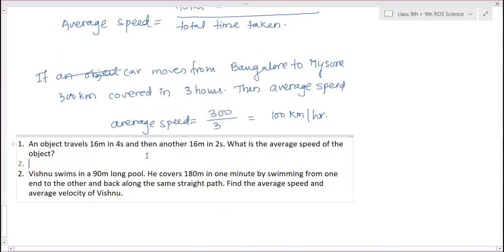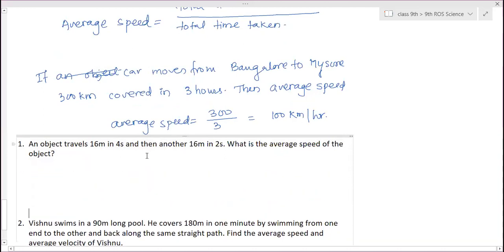Now some simple questions based on the average speed part. Average speed is equal to total distance divided by total time. One more thing: average velocity.